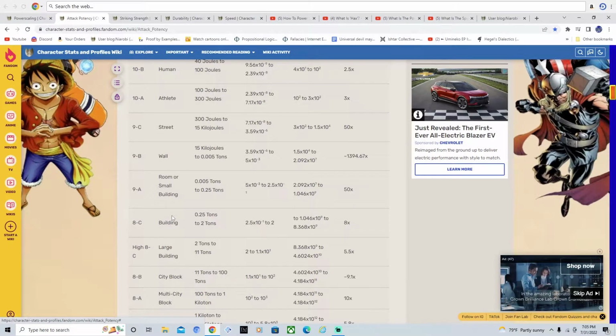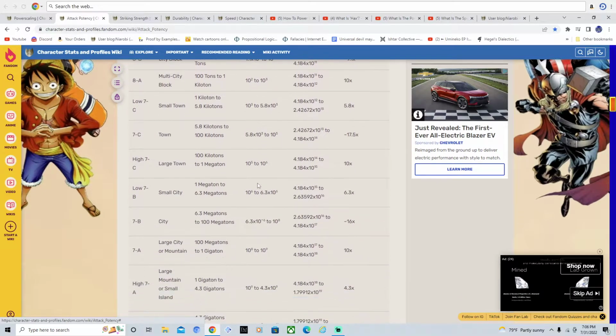In terms of raw attack potency, if we have a character able to just utterly delete buildings with 1 or 2 punches, that's the equivalent of deleting 2 tons worth of space, or building, or whatever metric you want to use. Attack potency would be the actual metric itself. It'd be what we calculate and the result that we find in the calculation.